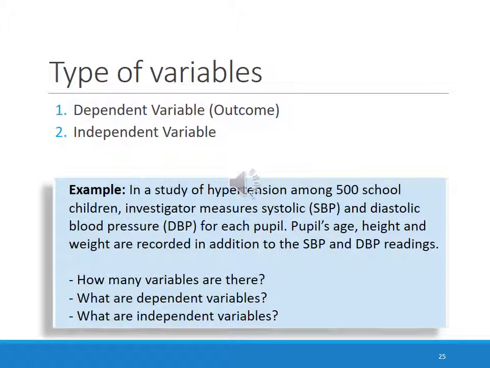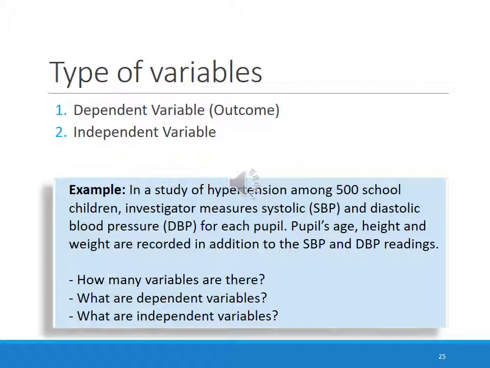One, dependent variable, which is also known as outcome variable, and two, independent variable. Example, in a study of hypertension among 500 school children, investigator measured systolic blood pressure and diastolic blood pressure for each pupil. Pupils' age, height, and weight are recorded in addition to systolic and diastolic readings.